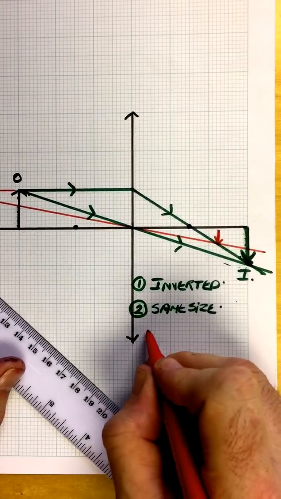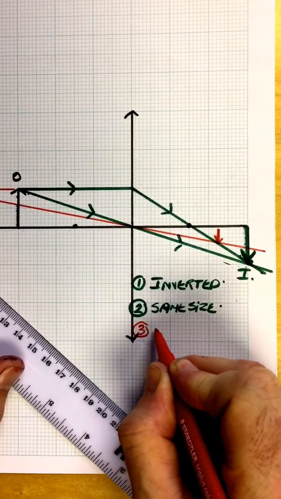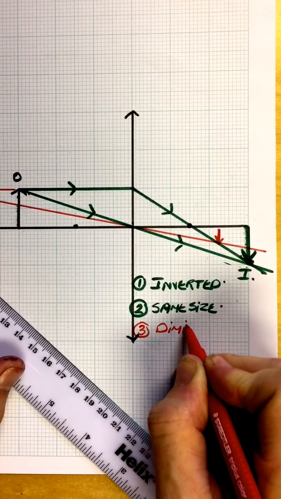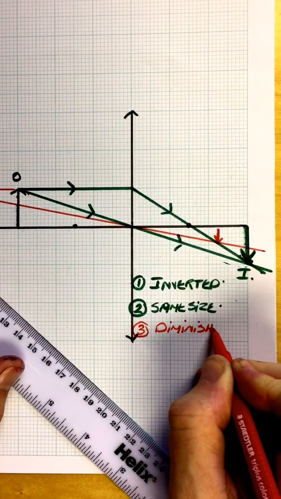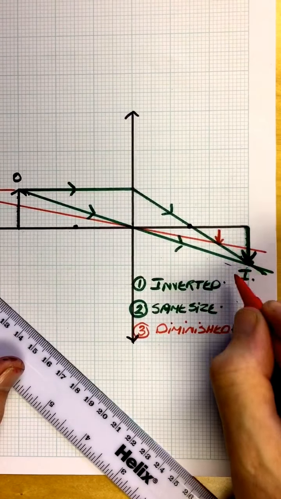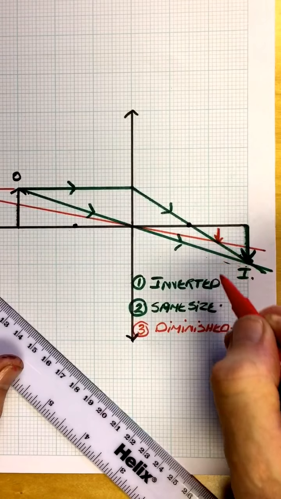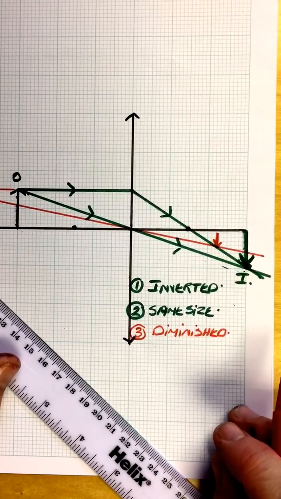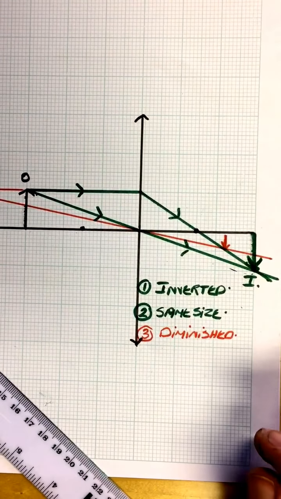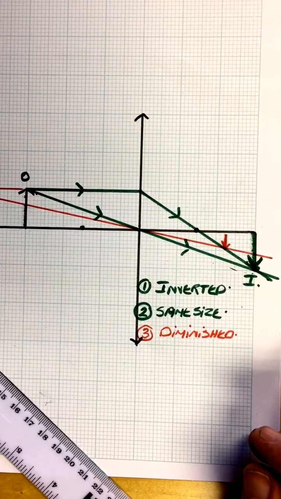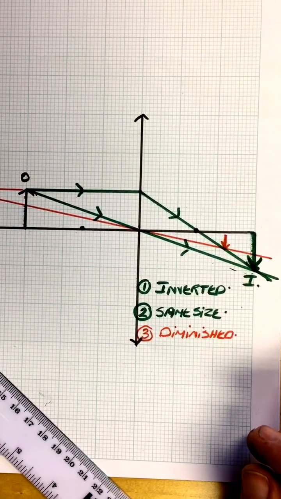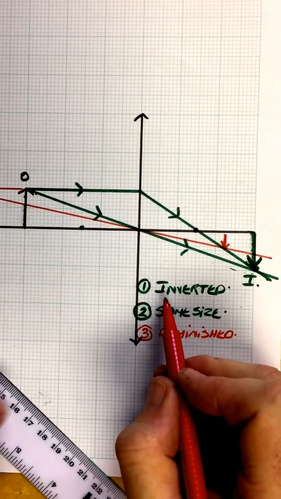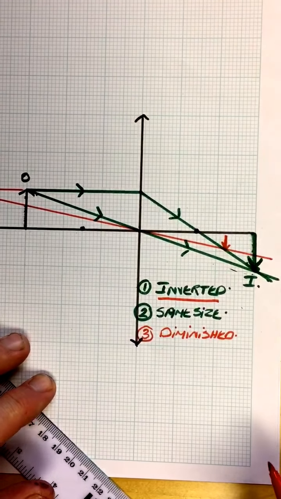So you see in this instance here, it would be diminished. That's where our image is actually smaller than the object, and if you try that out with the magnifying glass, you will be able to see that outside of the focal range, the further away from the focal range, the smaller and smaller your image will become, and also crucially that it will be inverted.